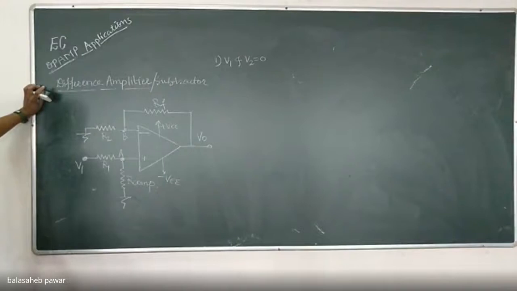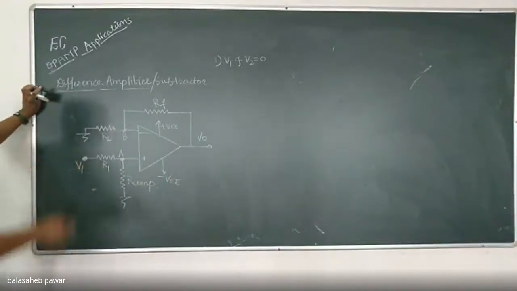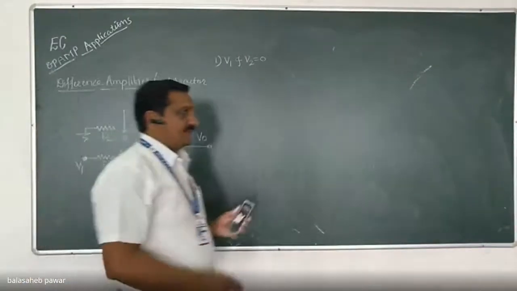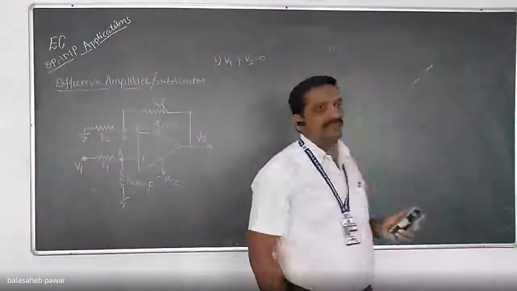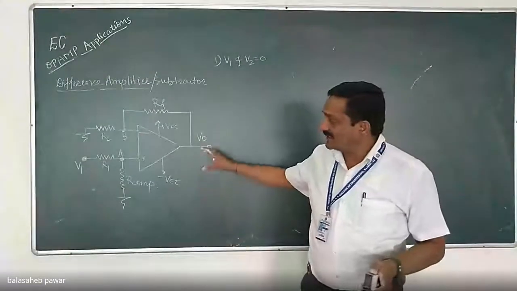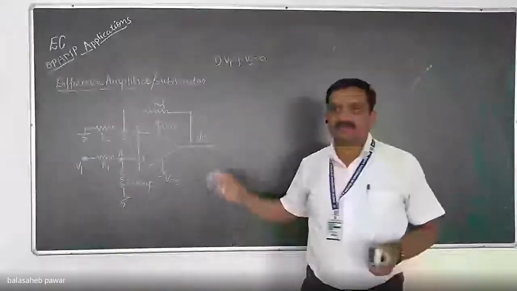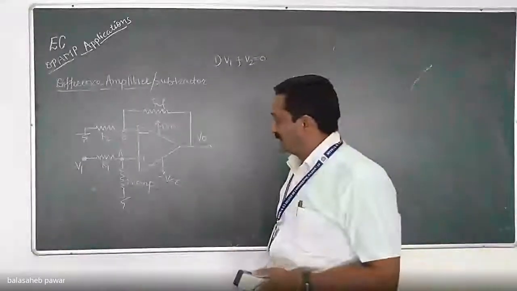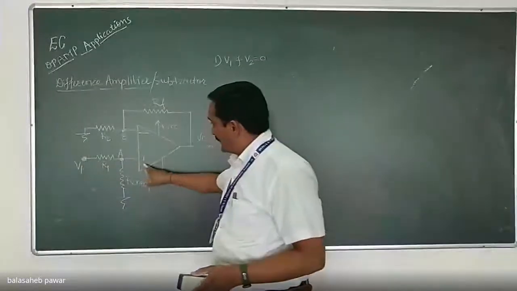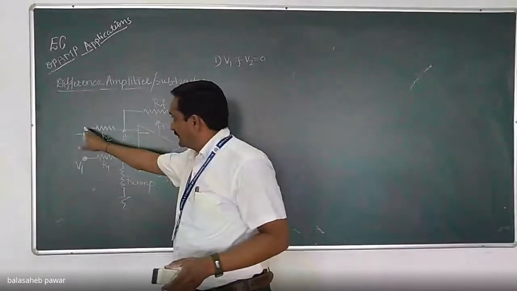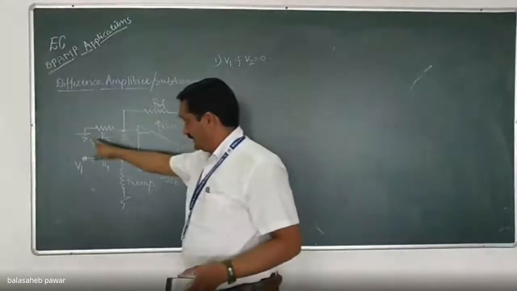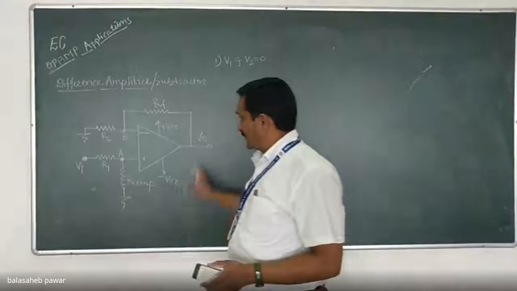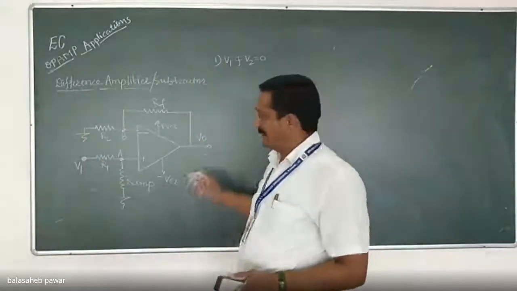So here VA equals VB, and that will be non-zero. The shown circuitry simply acts as a non-inverting amplifier, which we studied earlier, because the input is applied to the non-inverting terminal while, in the first case, V2 equals 0.